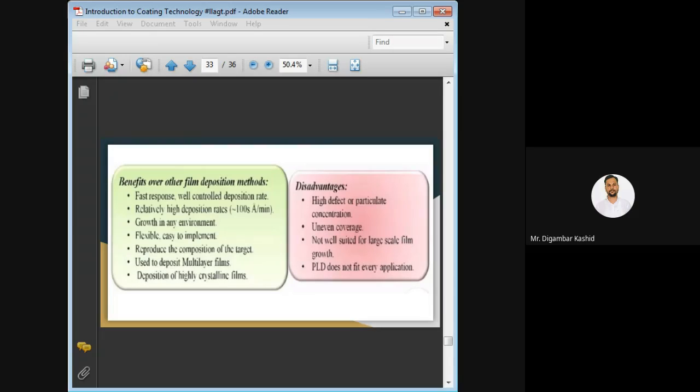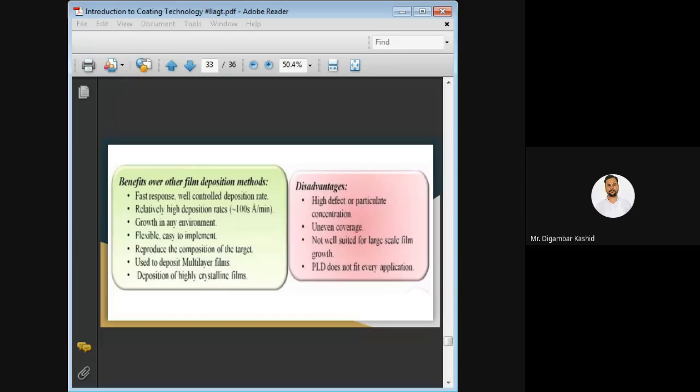Growth in any environment is possible. Either you can use a certain kind of reactive gas, or you can use a certain kind of filler gas. Also it is flexible, easy to implement, and reproduces the composition of the target. Then you can use it for depositing multi-layer films and highly crystalline films.